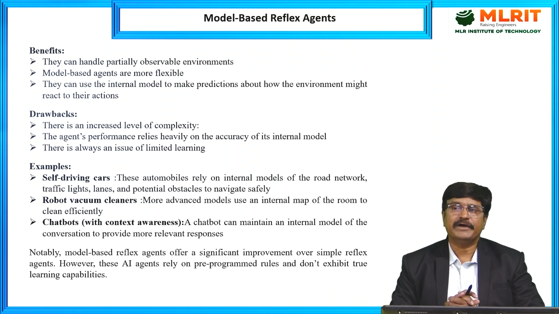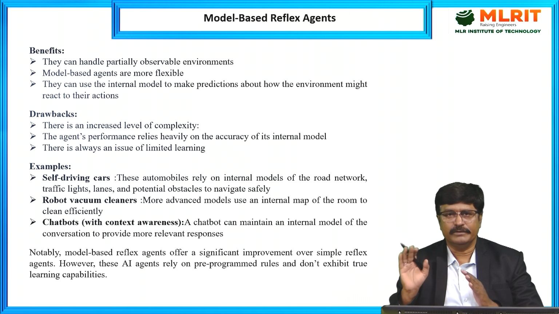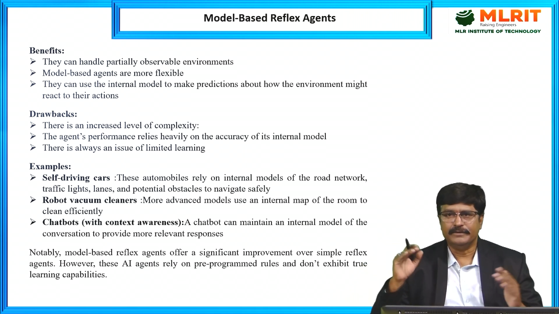Another one is the automatic robot vacuum cleaner for room cleaning. It is more advanced, with an internal map of the room, with all four corners and coordinates.